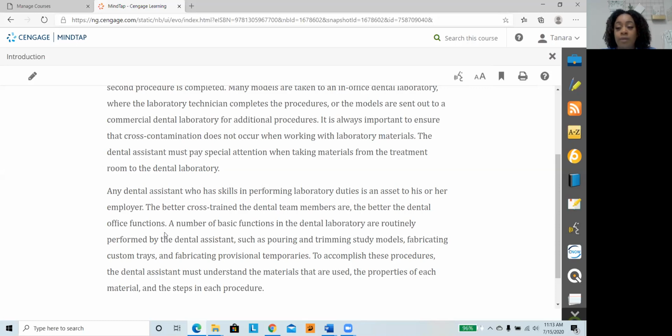When you hear that part, that means you're mixing material to take an impression, and then you have to pour it up with stone. Once it gets hard, you may have to trim off extra stone that you don't actually need. Also, that stone creates a study model for the lab to create a denture, partial, crown, bridge, whatever it is that you're making.